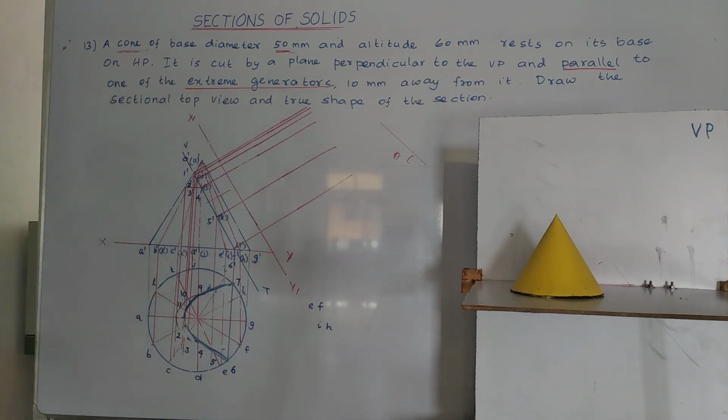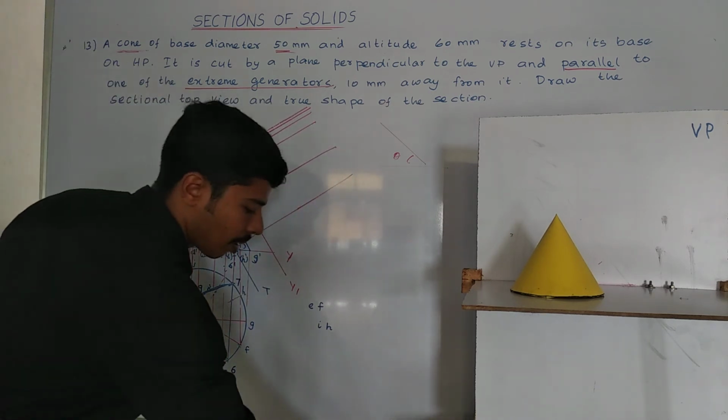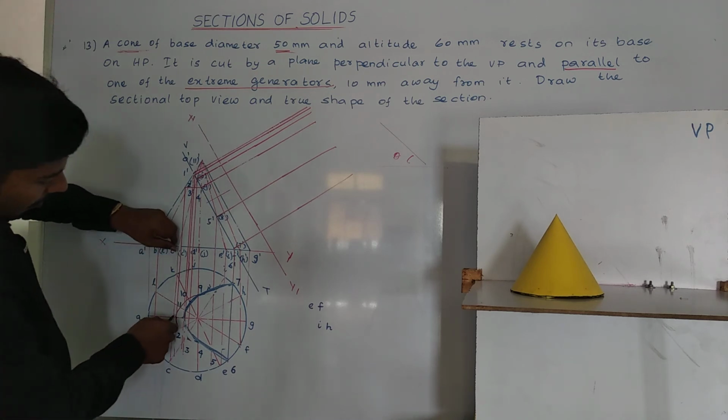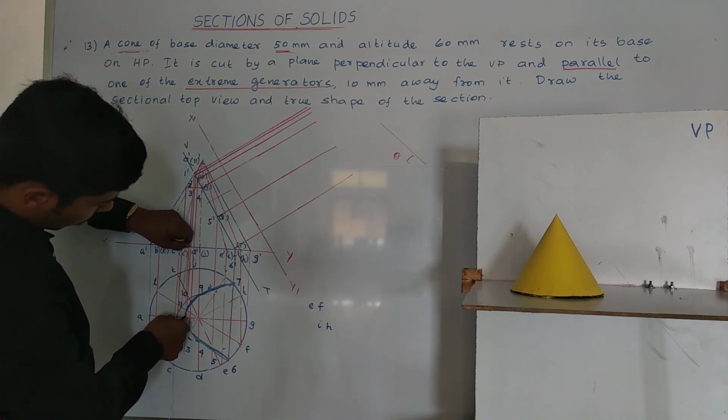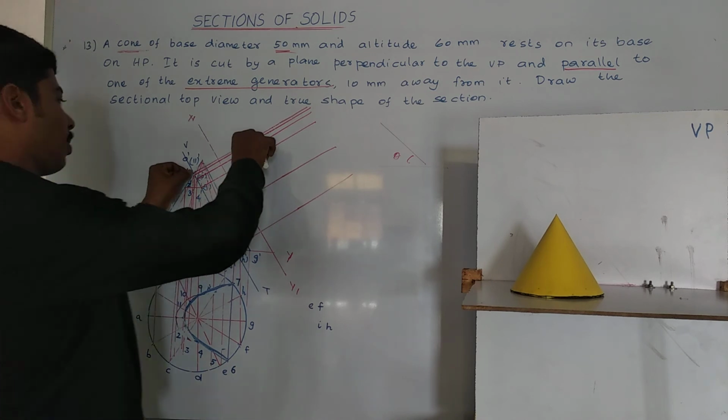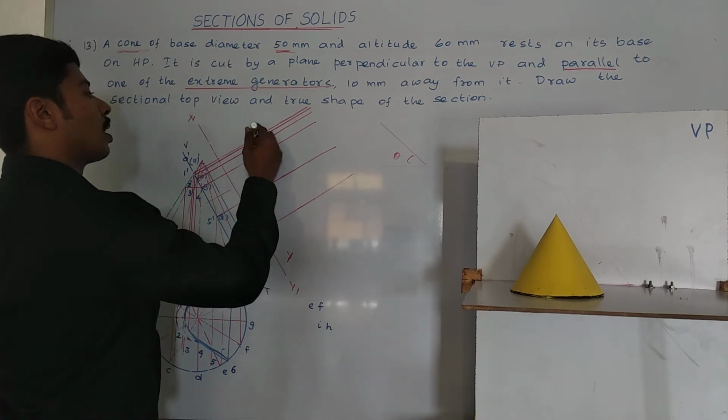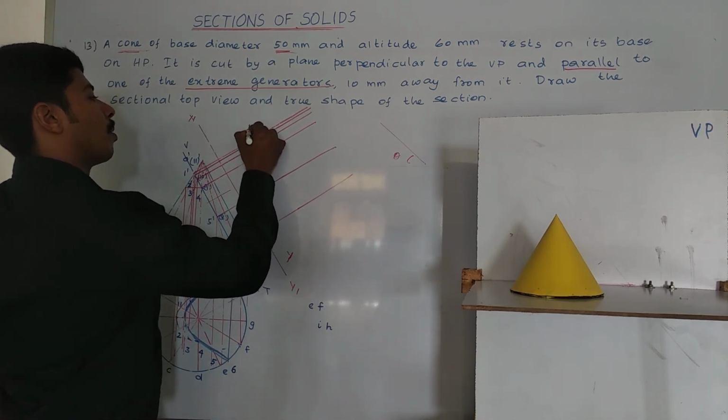Now what we have to do is mark the points one by one. So here first is 1. The distance from 1 is like this. So this point is 1.